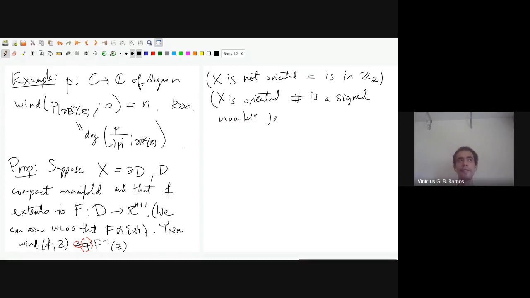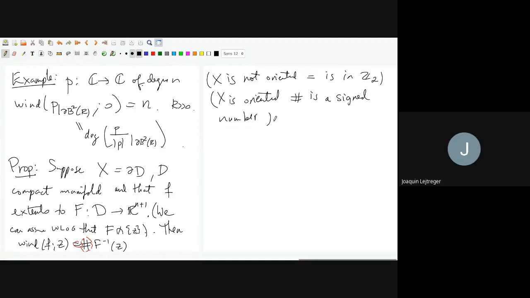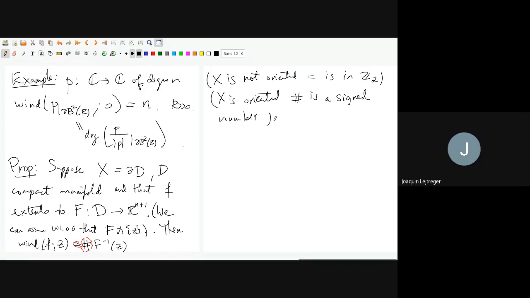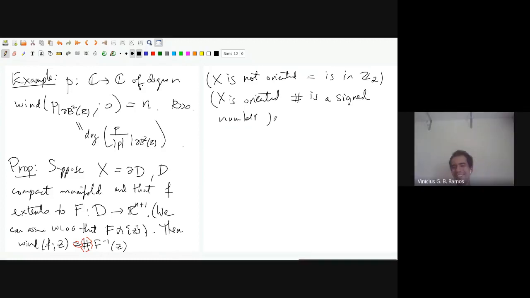But everything in the image is a critical value, because of the dimension. So it can only be a regular value if you're not in the image of a map from an n-dimensional manifold to an (n+1)-dimensional manifold. Okay, I got it. Thank you. Okay, great.